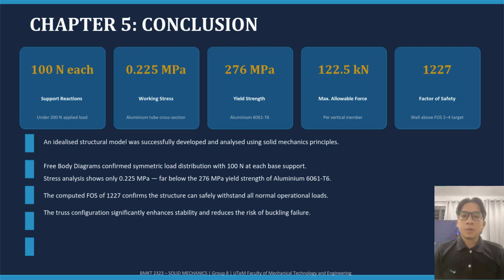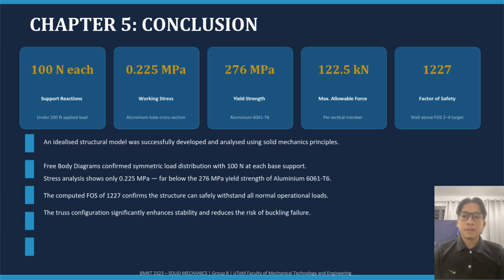To conclude our presentation, let's recap the core findings of our solid mechanics analysis. First, our idealized structural model successfully shows a perfectly symmetric load distribution of 100 Newton at each base support.